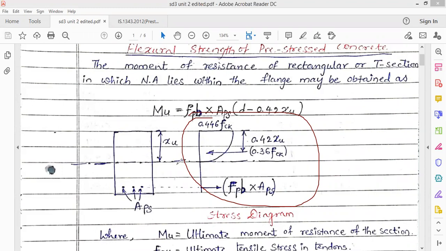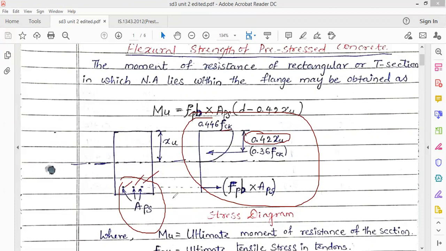xu is the depth of neutral axis, and here for Aps I have shown three dots. These dots indicate the cables, or the strands, and Aps means area of pre-stressing steel. In this stress block, the compressive stress will be there at the top with a value of 0.45, or 0.446 fck, and the compressive force is acting at a distance of 0.42 xu from the top edge.